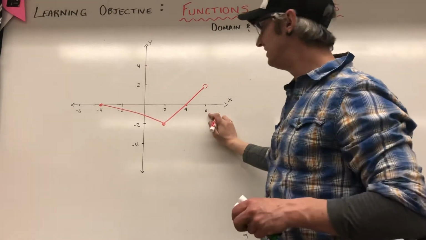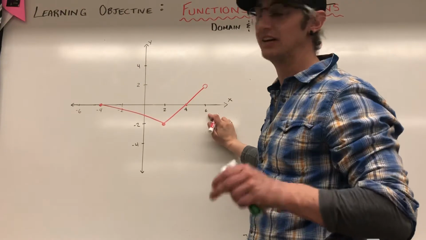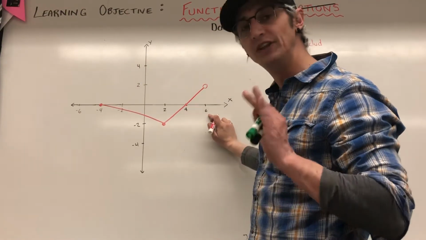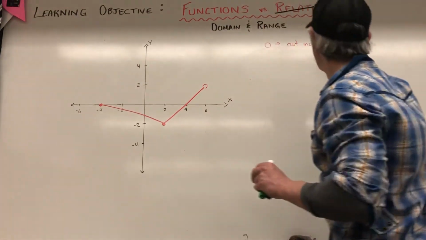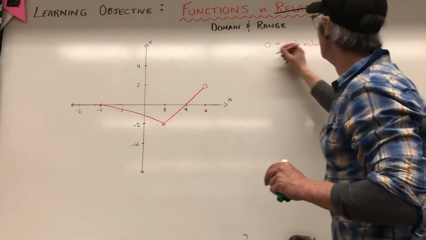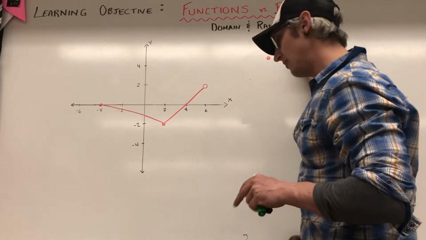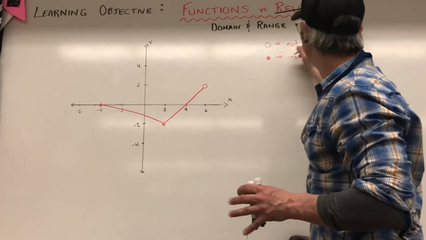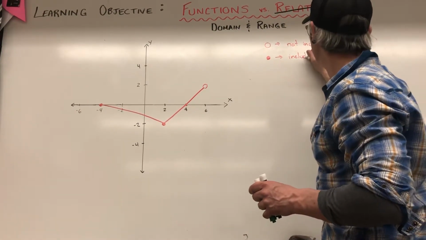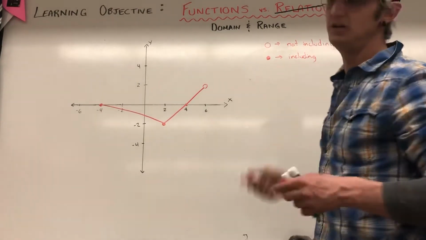So it's up to 6, but it's not 6. It can't be 6. It can be 5.999, but it will never actually hit 6. So that's not including. And then when my dots are filled in, it means including. Now, the textbook actually doesn't get into the 2 different types of dots, so you're going to always assume, it seems, that it's going to be including.